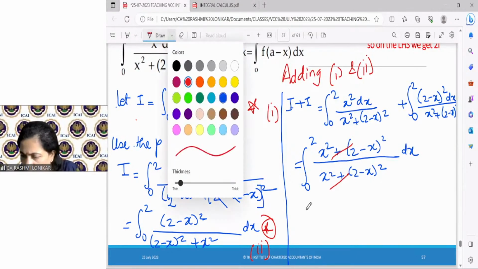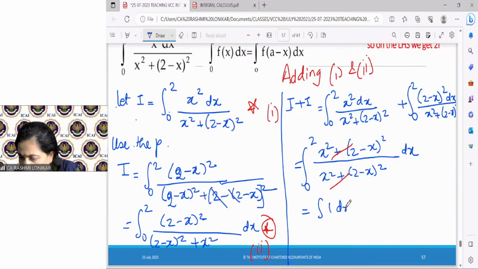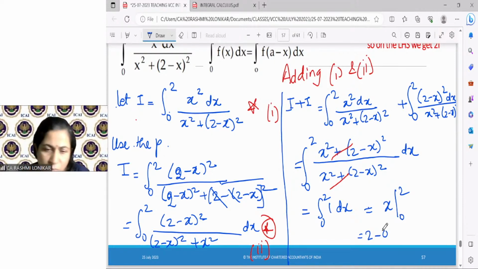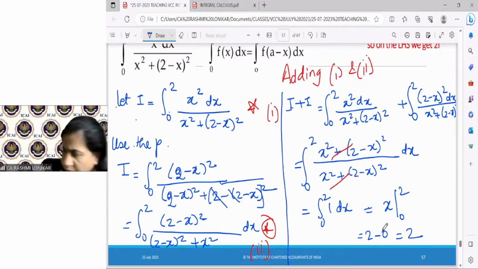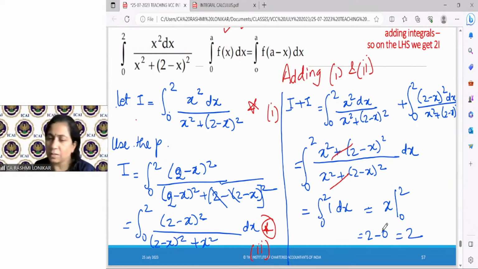This is equal to integral of 1 dx, 0 to 2, is equal to x, 0 to 2. So this is equal to 2 minus 0. Answer is 2. Okay, this is a unique sum. So adding integrals so that on the LHS we get 2I.